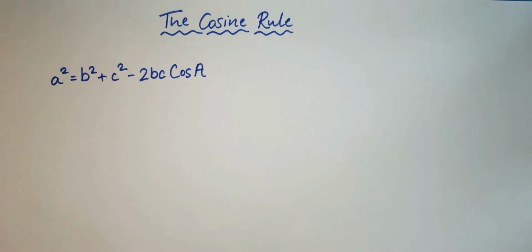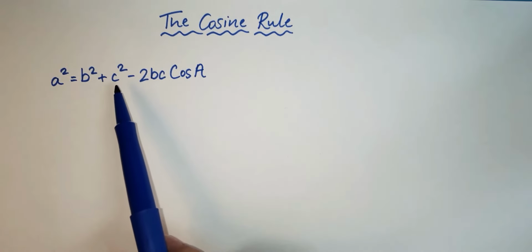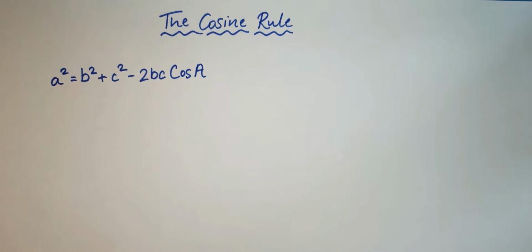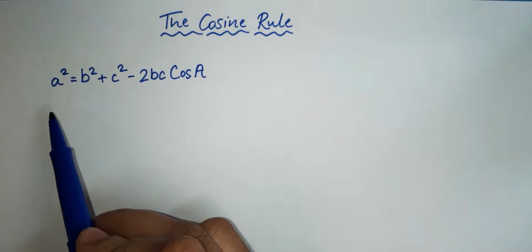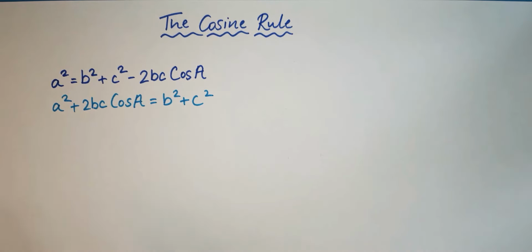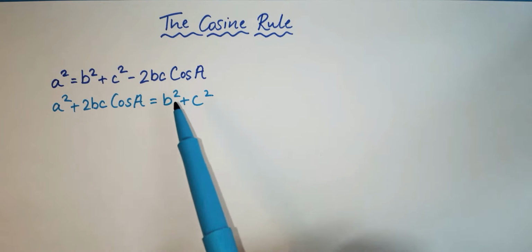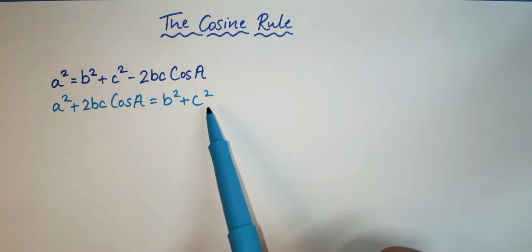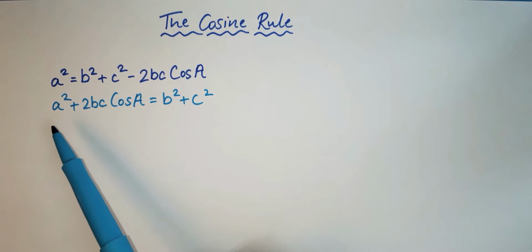Now we can rewrite this if we don't have the angle and we have all three lengths of the triangle. So what we do is we can rearrange the equation and we bring the minus 2bc cos A to this side. So now we have a squared plus 2bc times cos of A is equal to b squared plus c squared. Now all we have to do is take away the a squared from both sides.